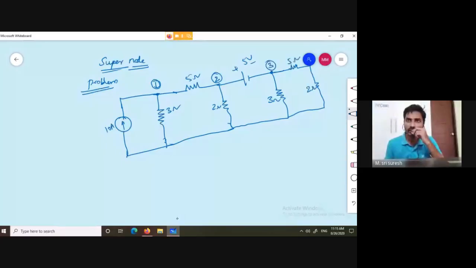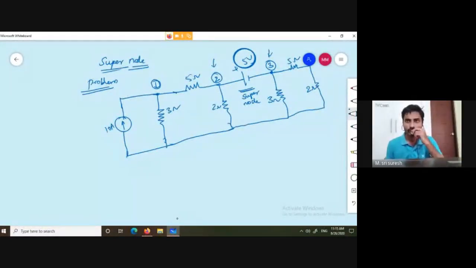Now this forms a supernode. Why? Because this is one principal node and this is another principal node, and in between our two principal nodes the voltage source exists here, so there is a forming of a supernode.